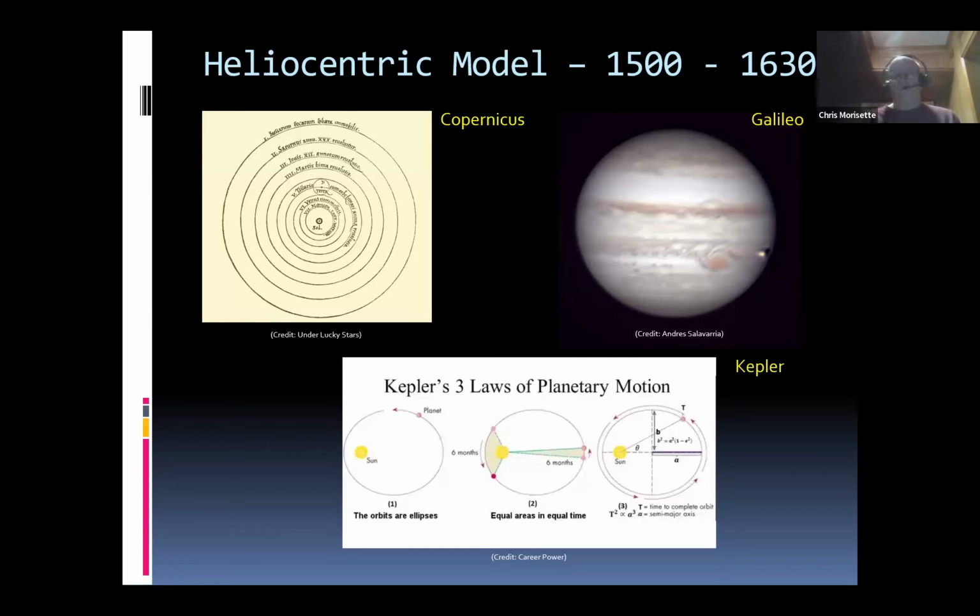When Copernicus published his treatise on his model, called De Revolutionibus, about 2 months prior to his death, there was a kind of disclaimer in that document that said, "Hey, this is a model. It helps us to predict the position of the planets, but it's not necessarily what's really happening."